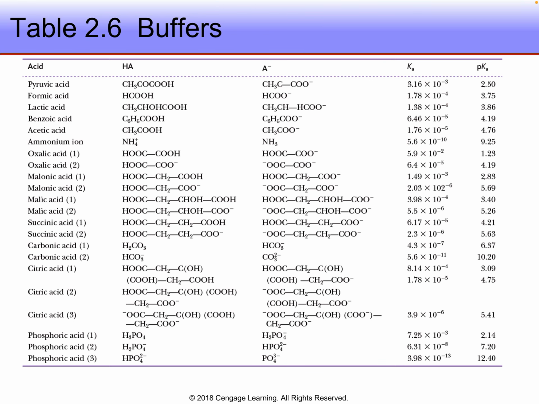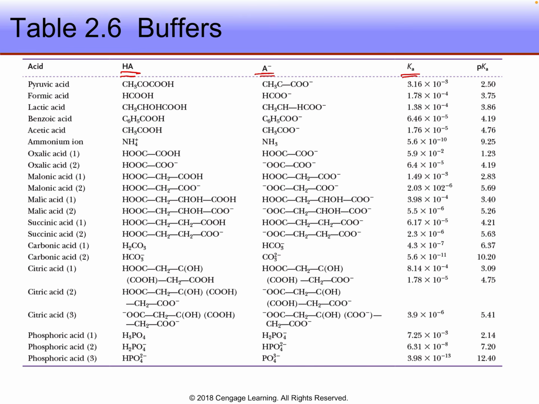Okay, and here's a list of buffers. This is just something you look up, not something that you memorize. But I like this table because it shows the name of a buffer, and it shows the acid form and the base form. And then it gives you the equilibrium constant for their dissociation, that Ka reaction.